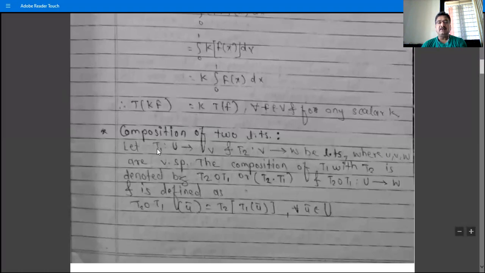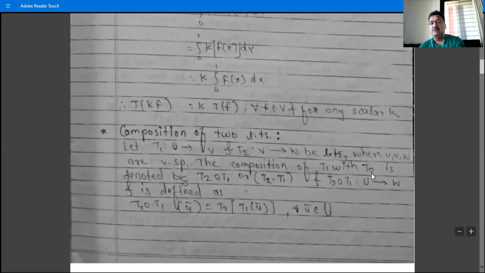Then we can define the composition of T1 and T2, if the codomain of T1 is equal to the domain of T2, otherwise we cannot define the composition of two functions. If this codomain and domain are not equal, then we cannot define the composition of two linear transformations.